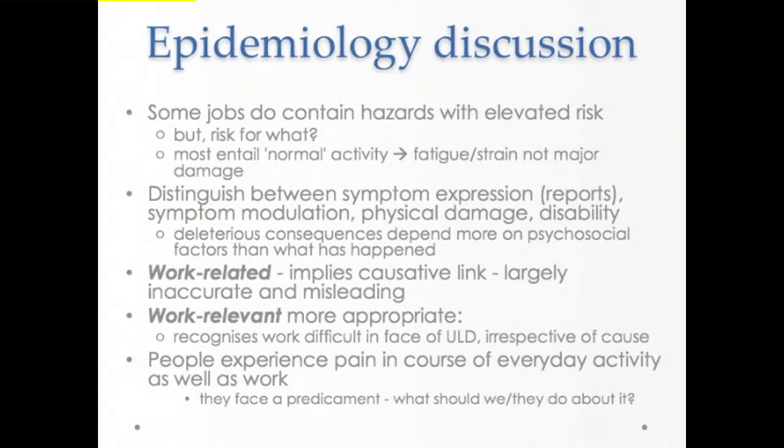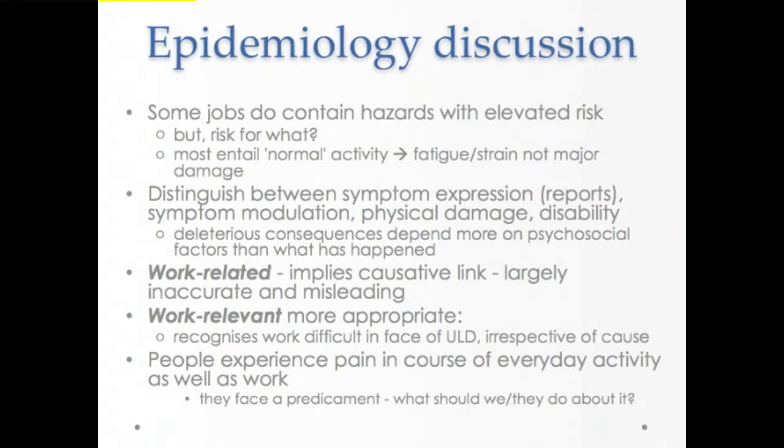We need to distinguish between the report or expression of symptoms, symptom modulation, physical damage, and disability. When it comes to the deleterious consequences, the longer-term disability from musculoskeletal problems depends more on psychosocial factors than on what has happened.